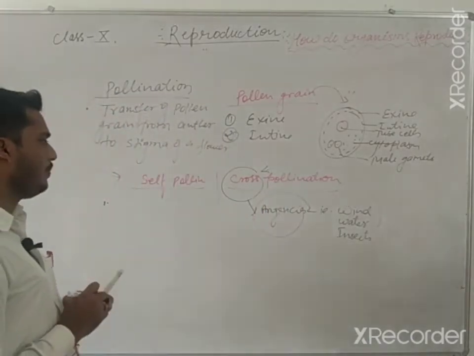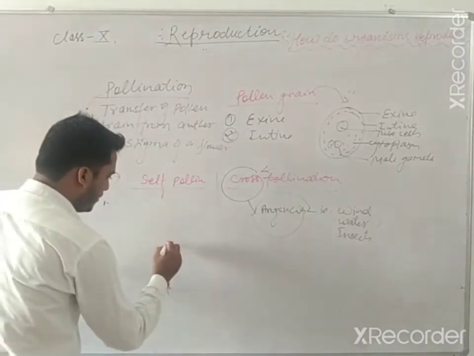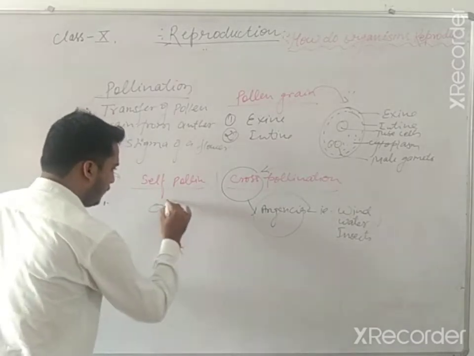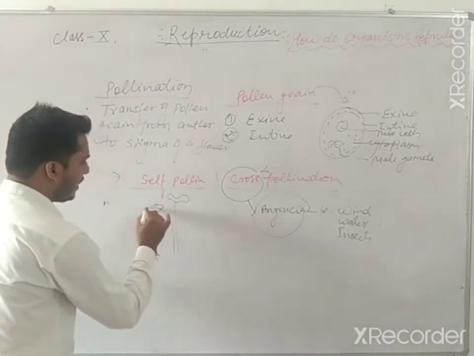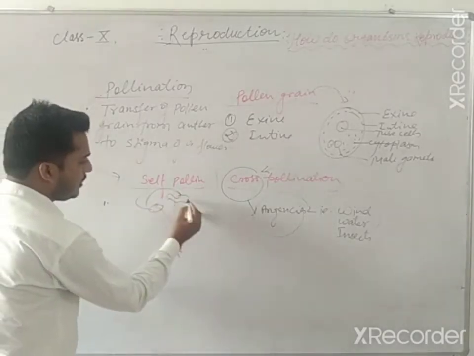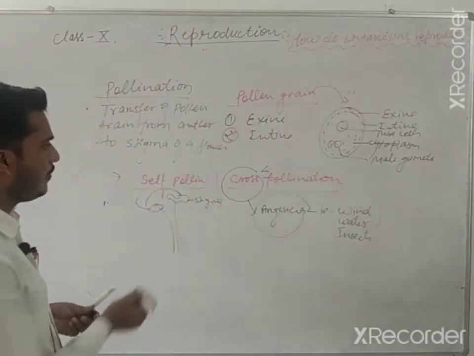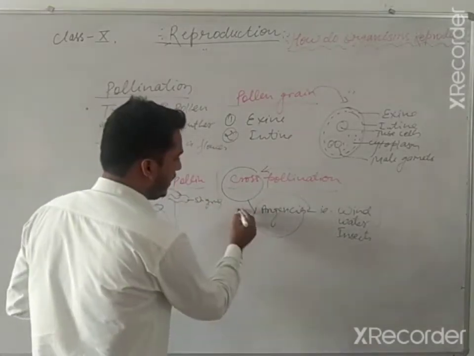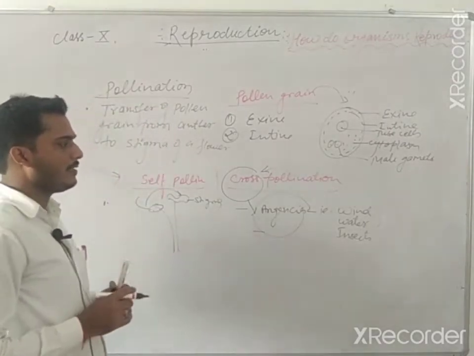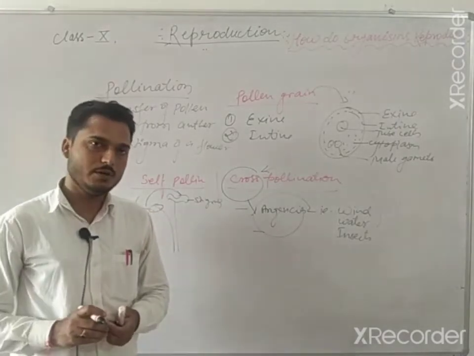But in case of self pollination, there is no need of these agencies. Self pollination means the flower consists of male and female portions, so transfer of pollen grain on the same flower from anther to stigma is self pollination. In cross pollination, it may be the same flower, but in some cases other flowers also take part.